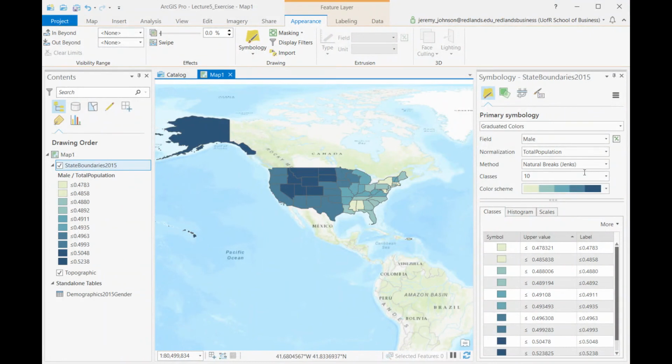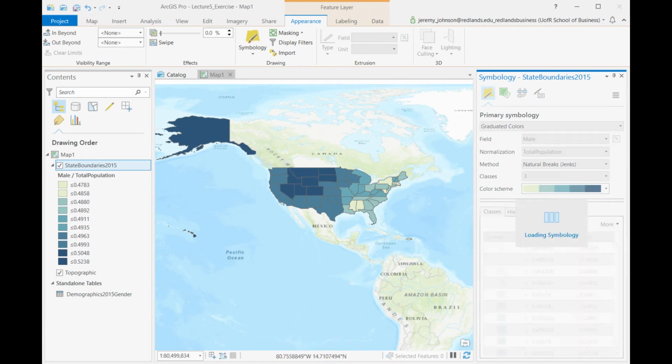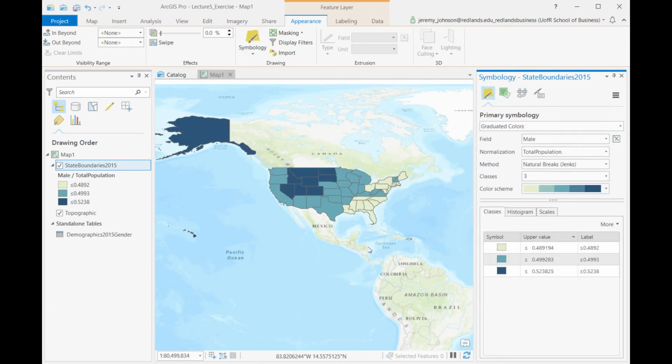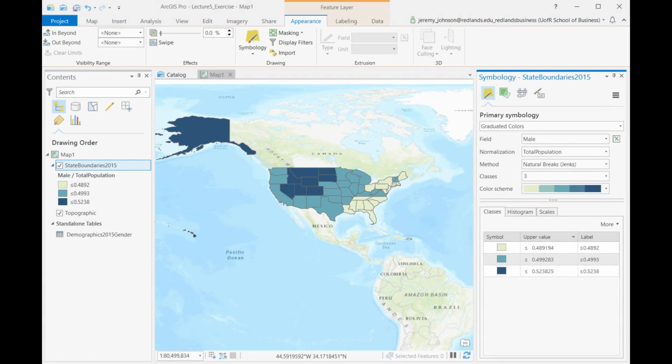Well, what if we were to have fewer? What if we were just to have 3? What happens is we still get this upper echelon, this upper grouping, but it doesn't fan out over here.